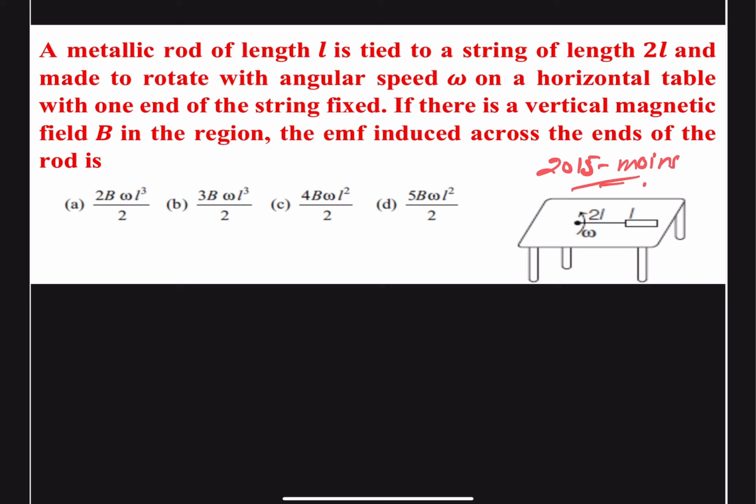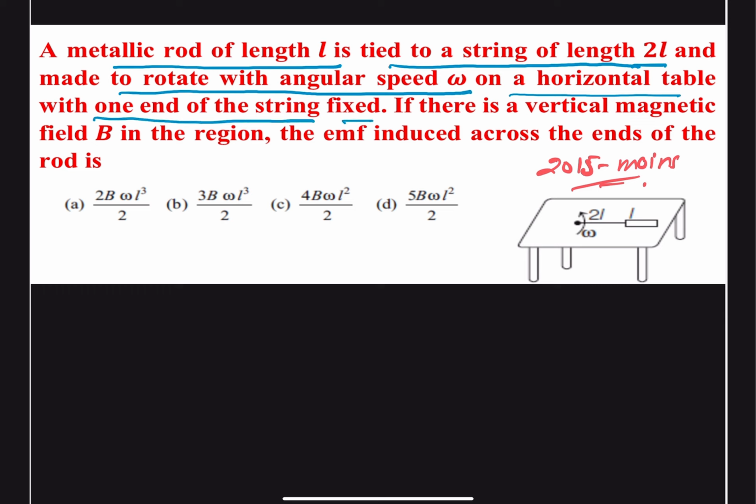And we are given that a metallic rod of length L is tied to a string of length 2L and is made to rotate with angular speed omega on a horizontal table with one end of the string fixed. If there is a vertical magnetic field B in the region, the EMF induced across the ends of the rod is.